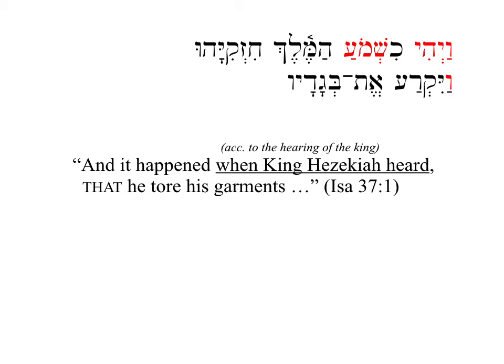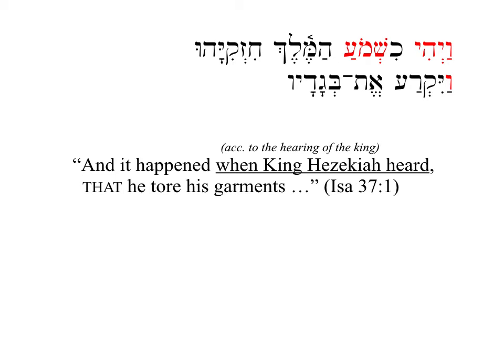Let's give you a few examples from the biblical text. Vayehi kishmoa hamelech Hizkiyahu, vayikra et begadav. Now the first line, and it happened, vayehi, and it happened according to the hearing of the king Hezekiah. That's what it literally says.